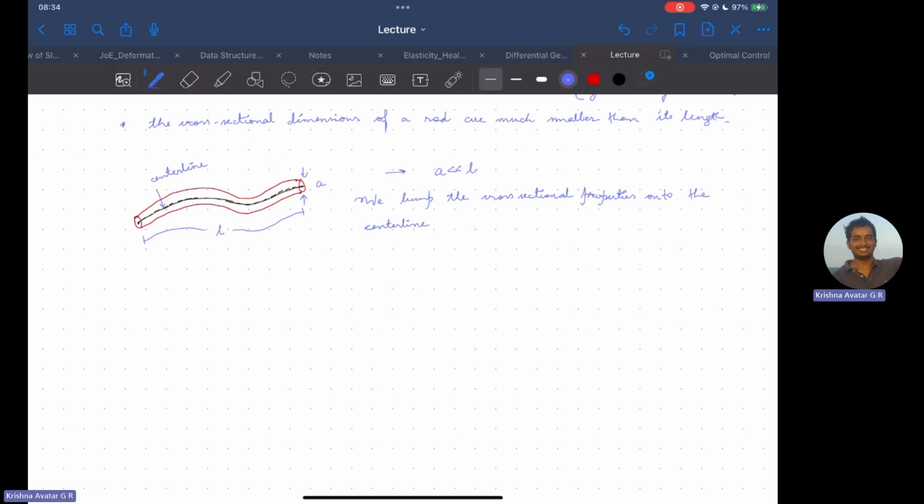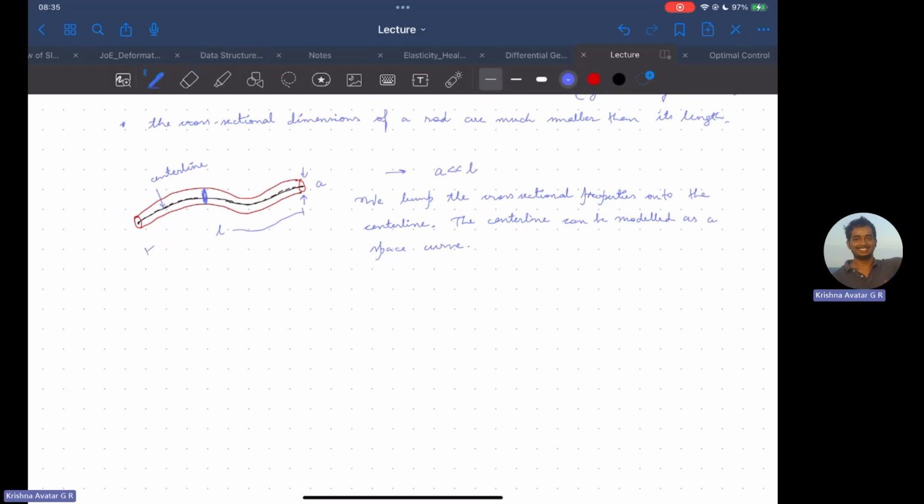And we recall that the center line can be modeled as a space curve. So all the cross-sectional properties at any point, the properties here, will be lumped onto the center line at that point.